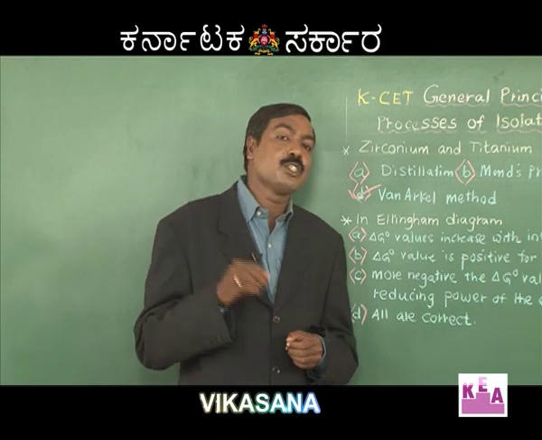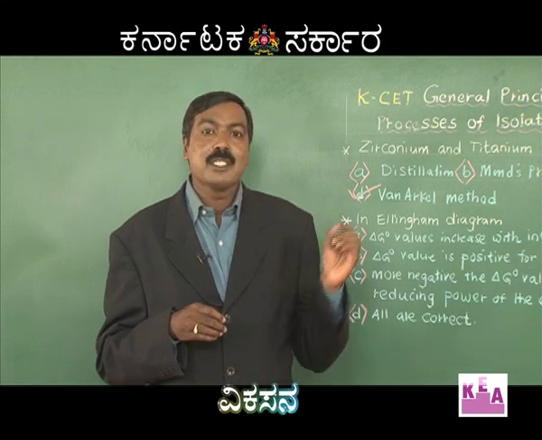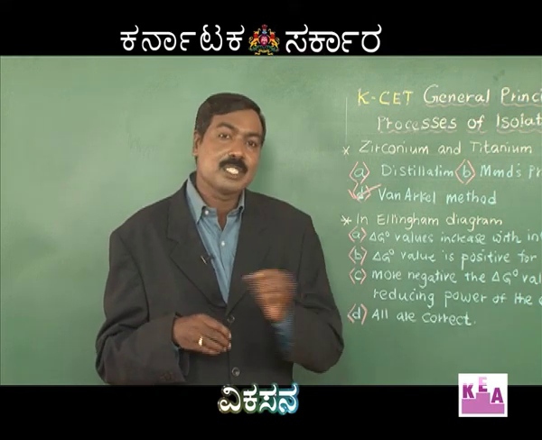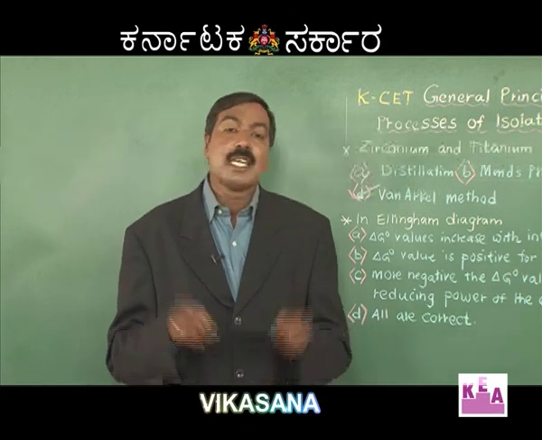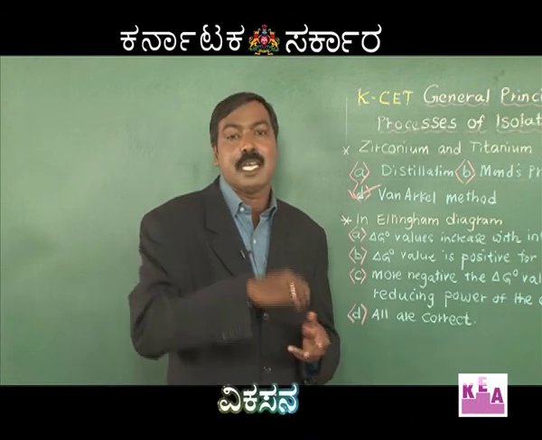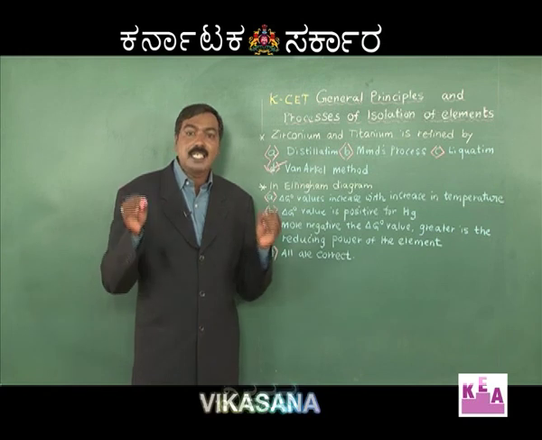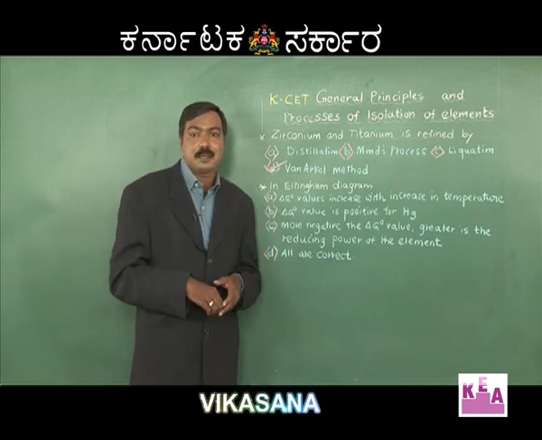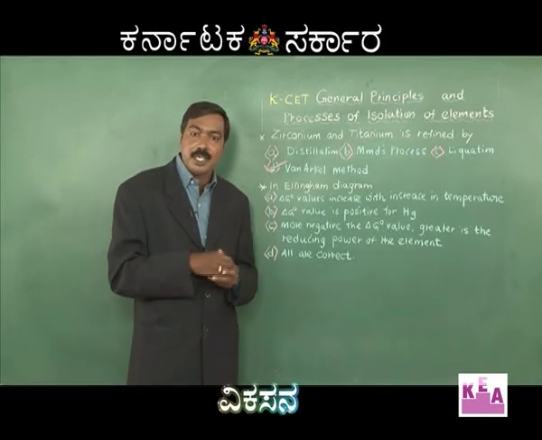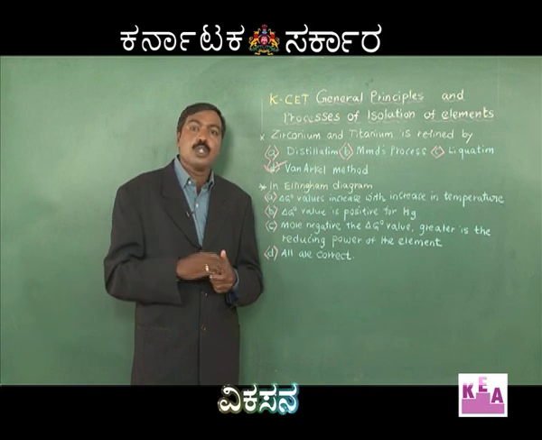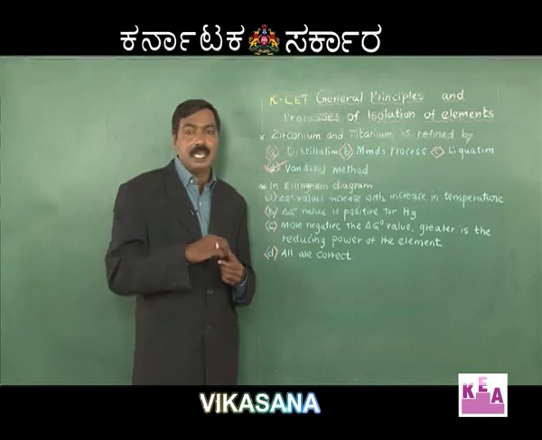Some of the salient features of Ellingham's diagram: as I mentioned, it is a graph of standard free energy versus temperature. The greater the negative value of ΔG°, the greater is the reducing capacity of that element. In Ellingham's diagram, the graph would show sloping upwards.